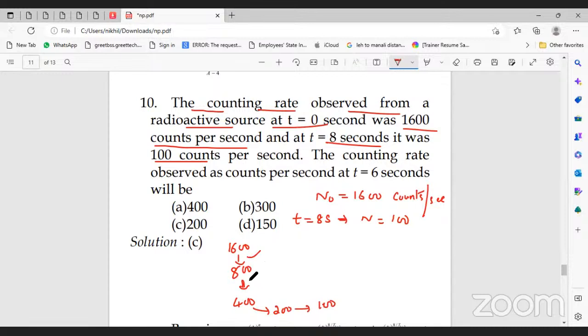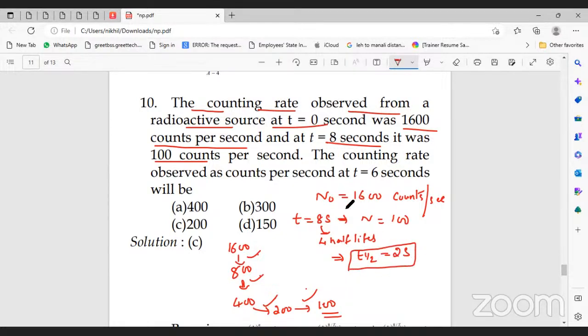So 1 half-life, 2 half-lives, 3 half-lives, 4 half-lives. After 4 half-lives, it is coming to 100. So in 8 seconds, how many half-lives are taking place? 4 half-lives. So the half-life will be 2 seconds, right?